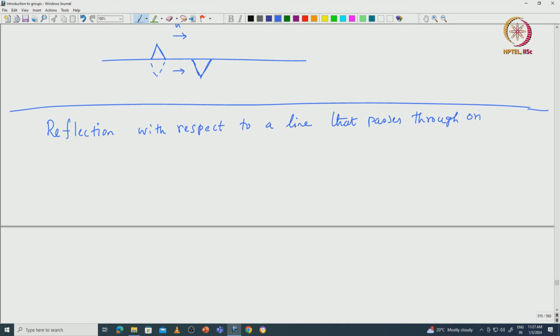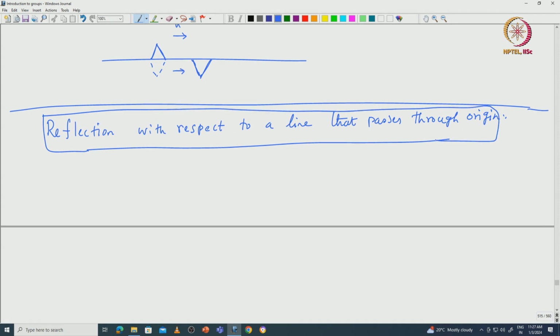This is something we can write down very explicitly using an algebraic formula. Of course, all isometries can be written very explicitly using algebraic formulas, but as a first step towards that, we will write down this.